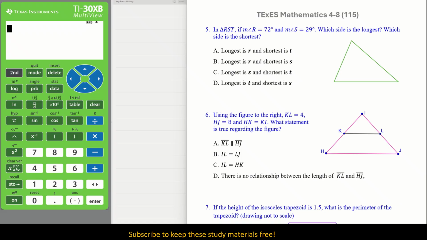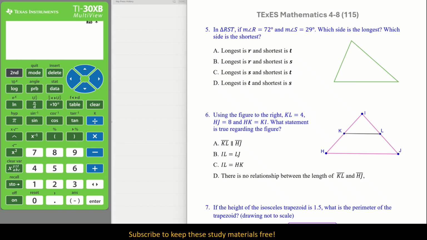Number 5, in triangle RST, if the measure of angle R equals 72 degrees and the measure of angle S equals 29 degrees, which side is the longest? Which side is the shortest? Okay, well, this is a triangle.